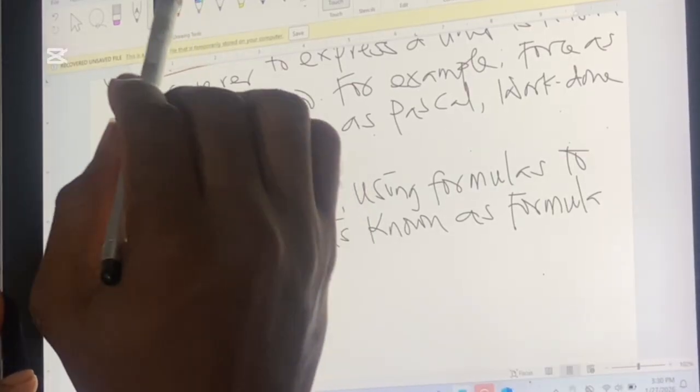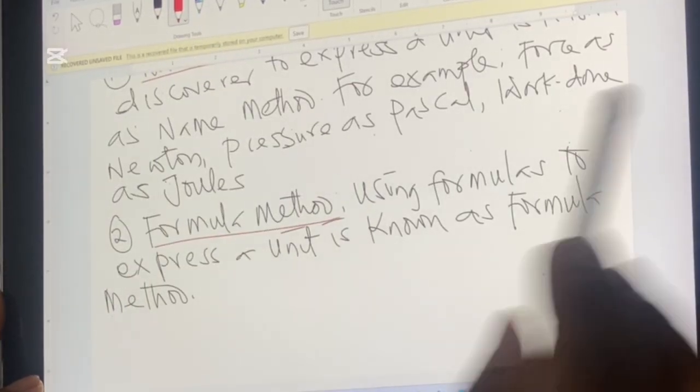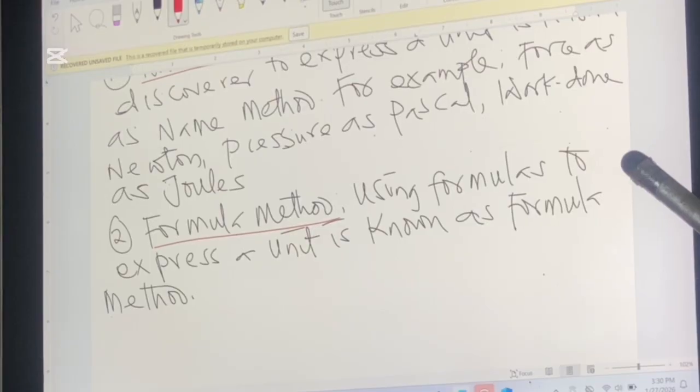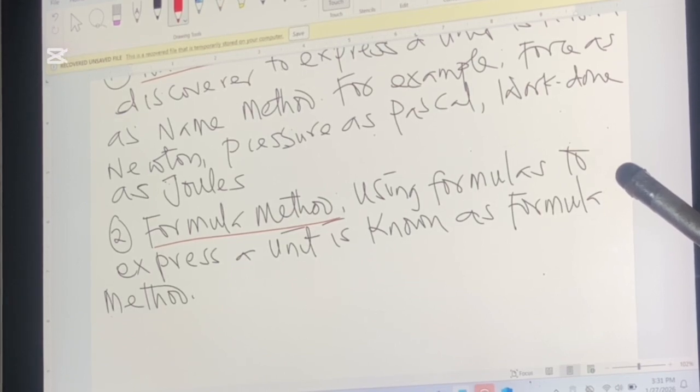Okay, now let me explain this, please. Please listen to me carefully. Whenever we are using the formula of that quantity to express the units, that particular method is known as formula method.